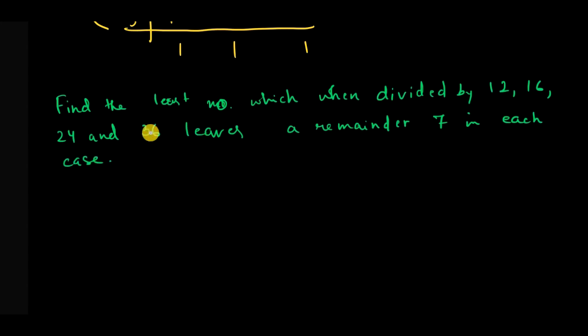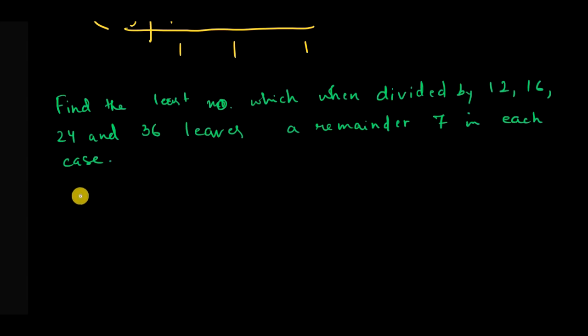My handwriting is a little bit bad, but I'll read the question for you. We have to find the least number, which is the LCM, which when divided by 12, 16, 24 and 36 leaves a remainder 7 in each case.